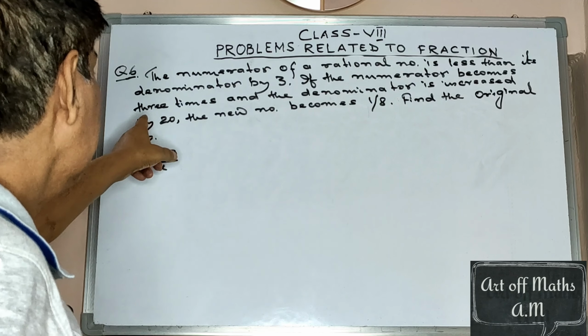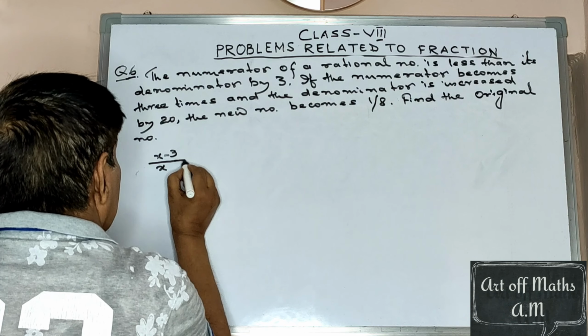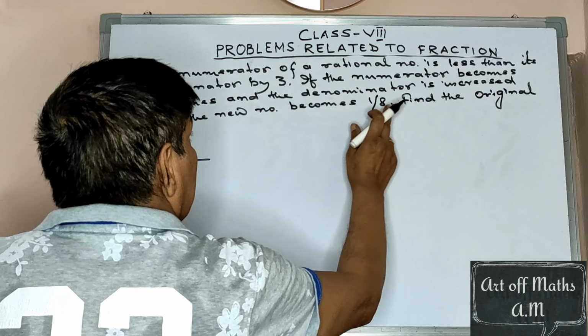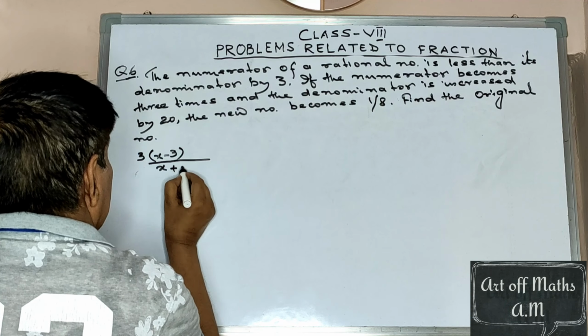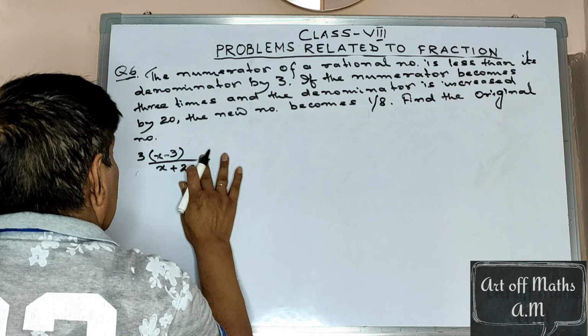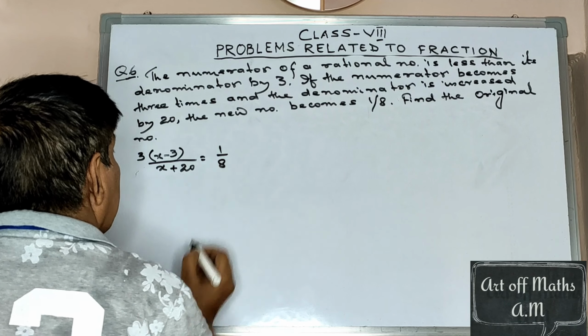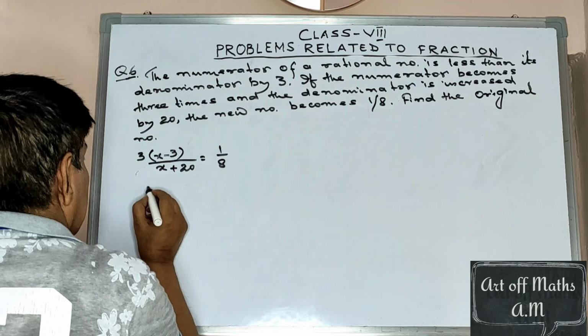If the numerator becomes 3 times and the denominator is increased by 20, it becomes 1 by 8.